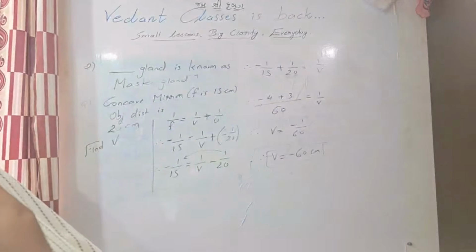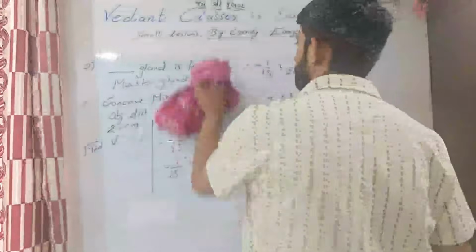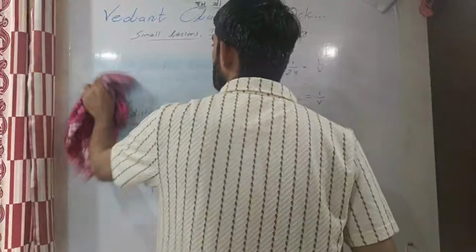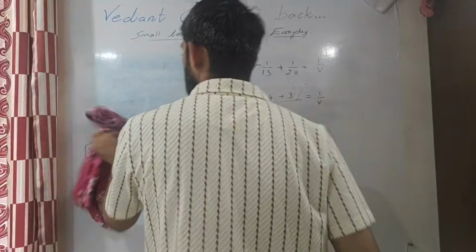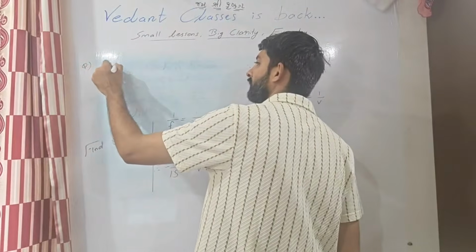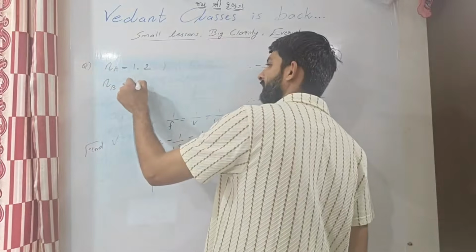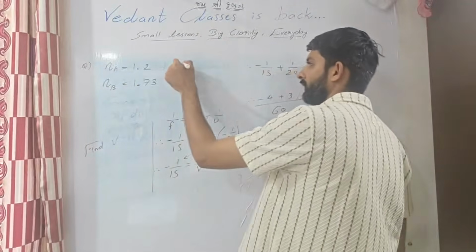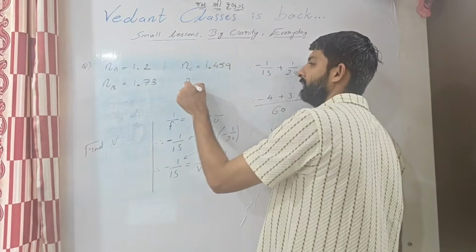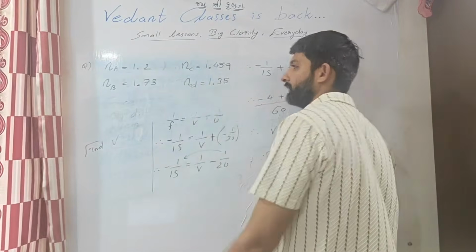Suppose I will give you the question. Let's suppose refractive index of medium A is 1.2, medium B is 1.73, medium C is 1.459, and medium D is 1.35.